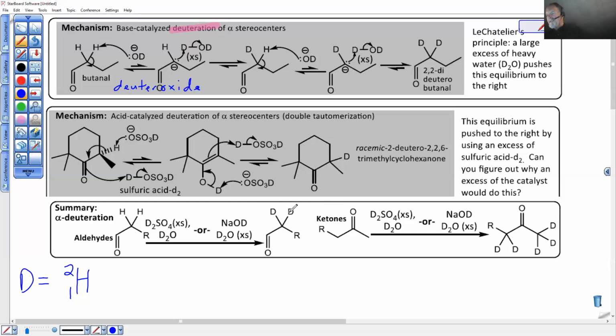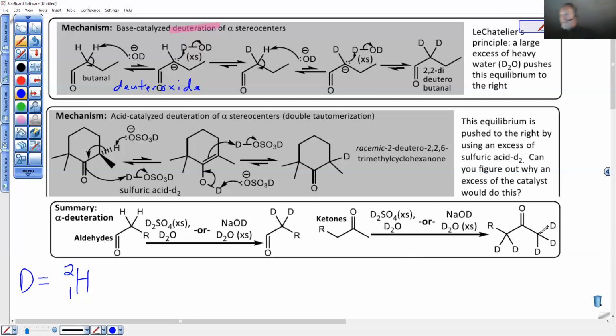And we got a nice little summary down here. You can do the acid catalyzed version or the base catalyzed version. Aldehydes, if you have ketones that have H's here and here, and you push this thing with a large excess of either this or this, then you can deuterate every position that's an alpha position that had a hydrogen previously.